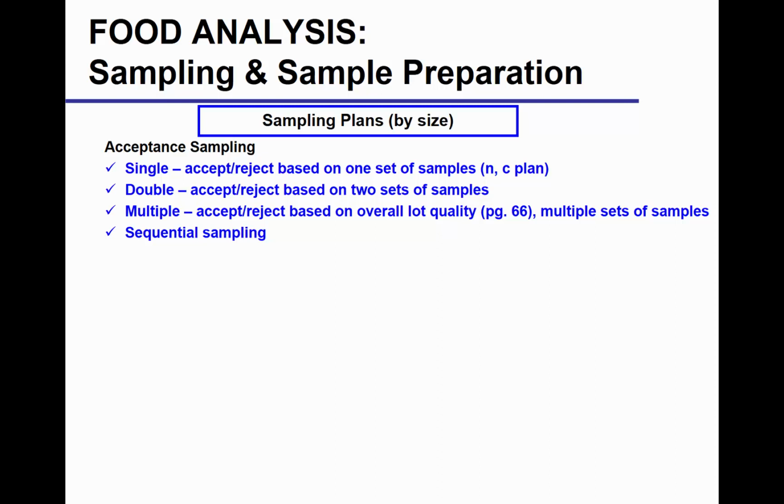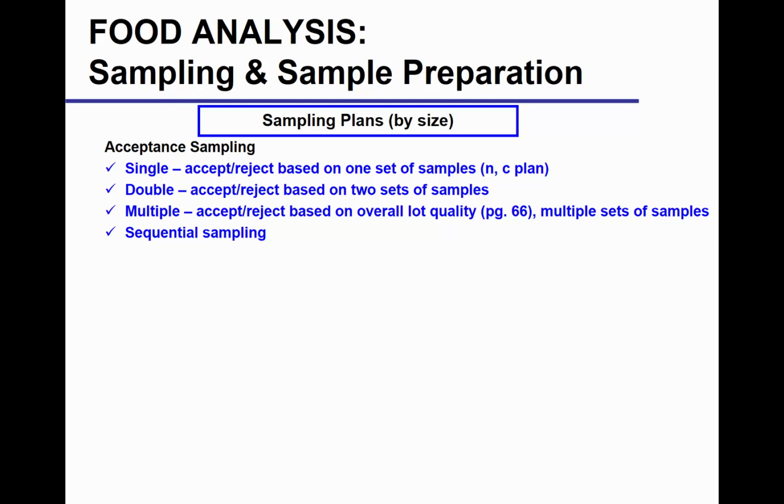So we have 4 different types of acceptance sampling. Acceptance sampling meaning when you sample, you get results, and then you decide whether you accept or you reject your lot. So there is something called the single accept or reject based on one set of samples. So you would determine how many samples you were going to get. N is your sample size. And then C is the number of defects.